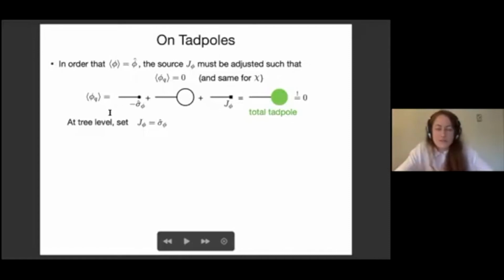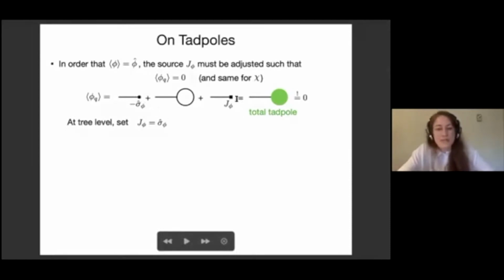And so I can write this condition diagrammatically. Diagrammatically, this is some total tadpole, which I'm putting in green, and I need to set it equal to 0. It consists of the linear coupling: remember, we had these linear couplings sigma hat in the shifted Lagrangian, so that gives some contribution to this tadpole.